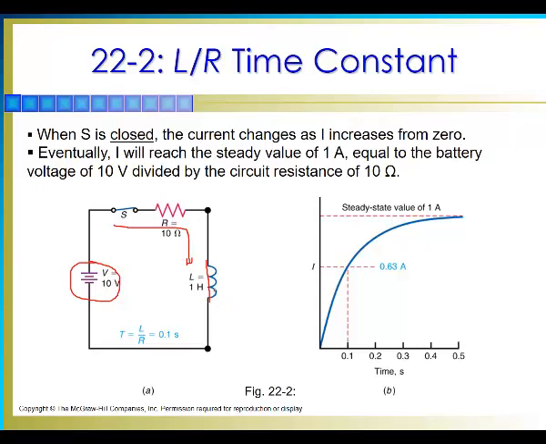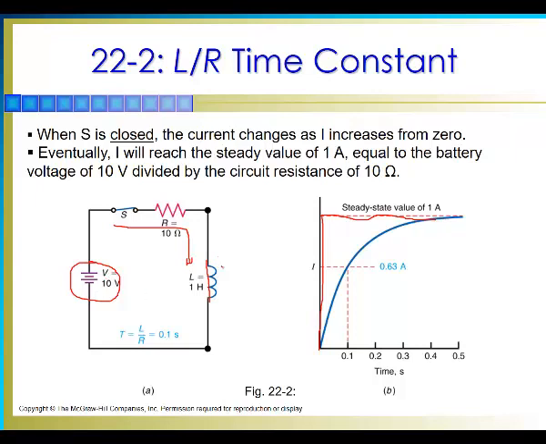However, at the beginning, when we close the switch, if it's only resistance, the current goes automatically to 1 at the very instant you close the switch, and then stays at that value forever if we never remove the source.